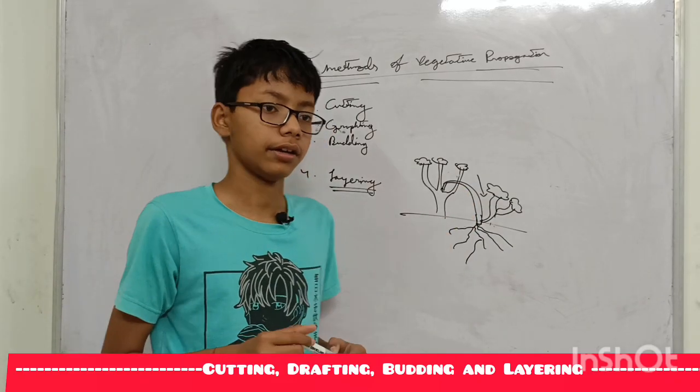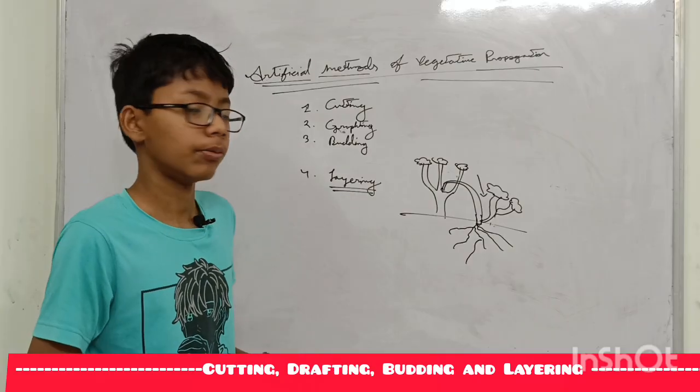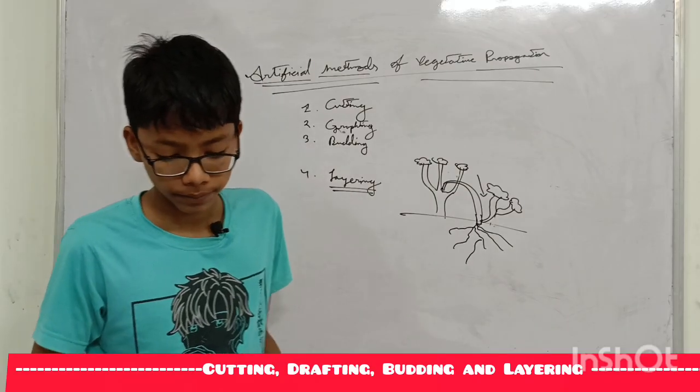That is called layering, using a stem of one plant in order to create another.